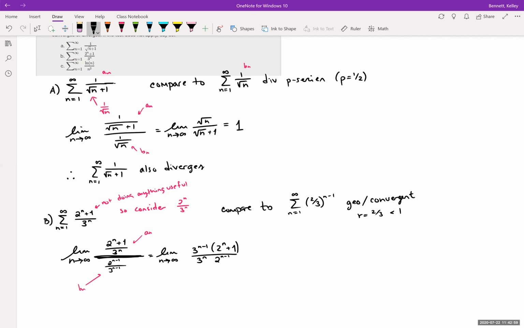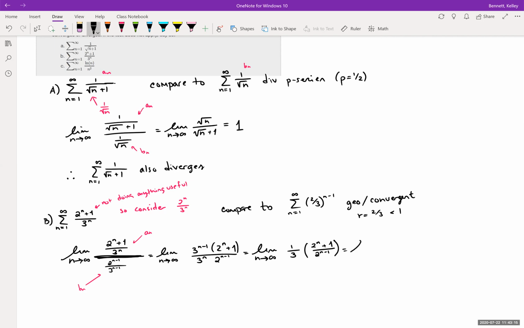So we get some nice cancellation here. The limit as n goes to infinity of 1 over 3 times 2 to the n plus 1 over 2 to the n minus 1.